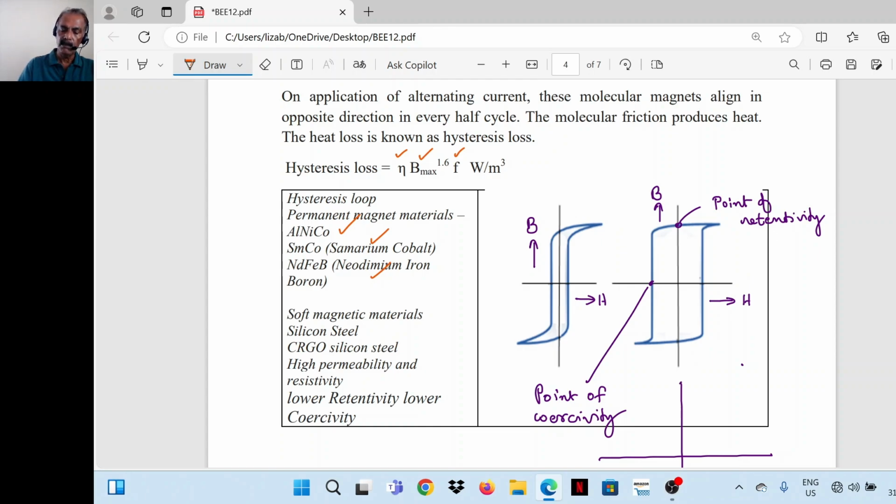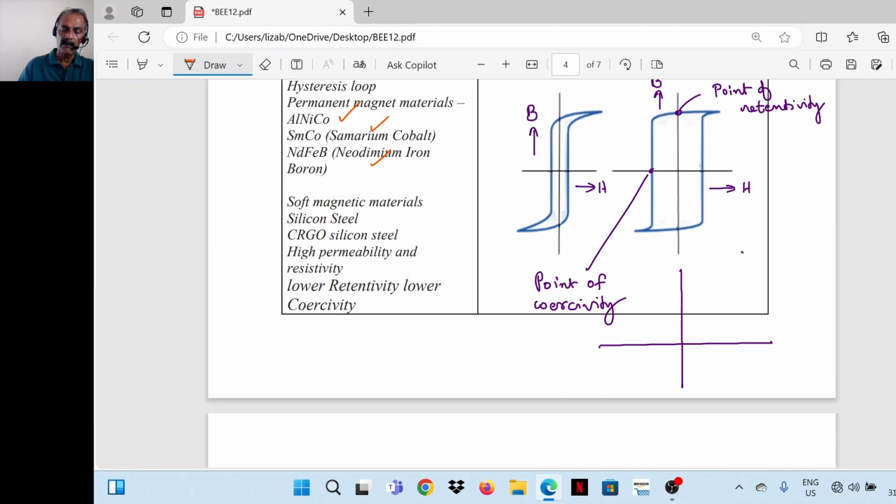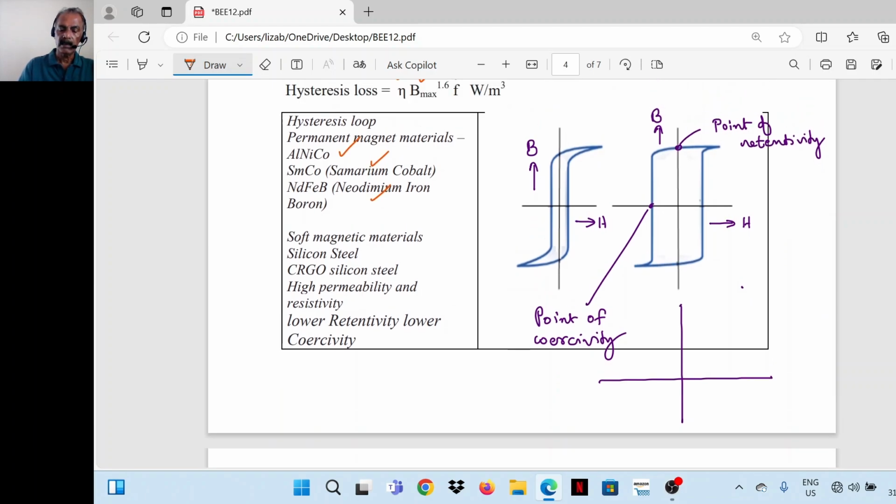The hysteresis loop shows what happens to the magnetic flux density in the core when the magnetizing force is varied.